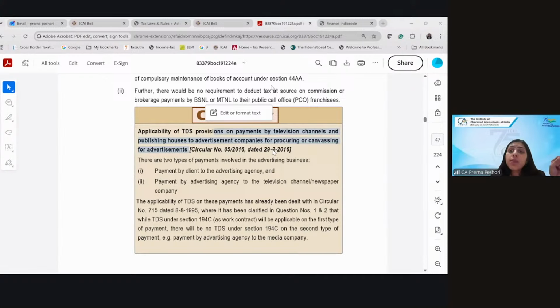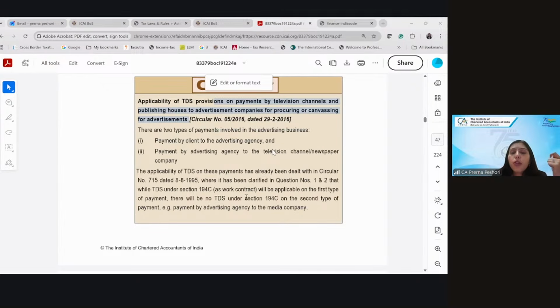When the advertisement company will pay to Doordarshan, right? Or when the Doordarshan pays to the advertisement company as a commission, something of that sort to procure the advertisement, what will be the TDS? So the CBDT has clarified that there will not be any TDS under 194C on the payment by the advertising company to the media company.